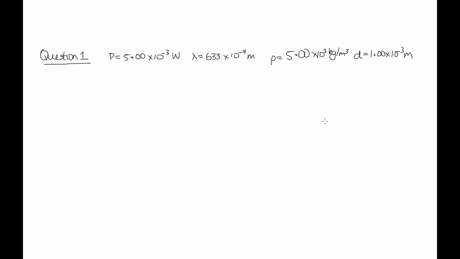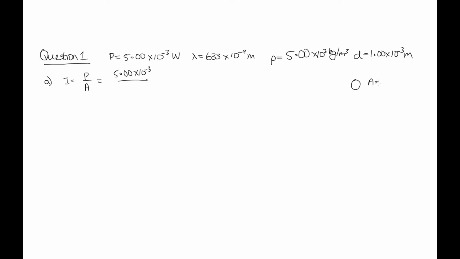And we're asked in part A, what is the beam intensity at the sphere's location? So in order to calculate the intensity, we're going to need to use our equation that the intensity is equal to the power over the area. So we know the power that our laser is outputting, it's 5 milliwatts, and the area that it's going over is the sphere's area, and we've got the diameter of the sphere.